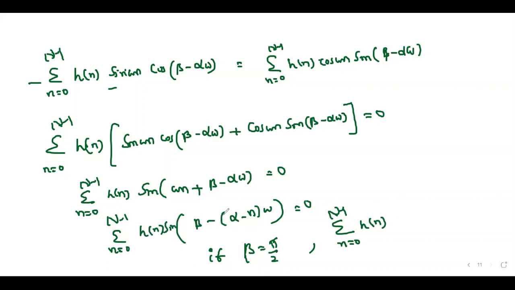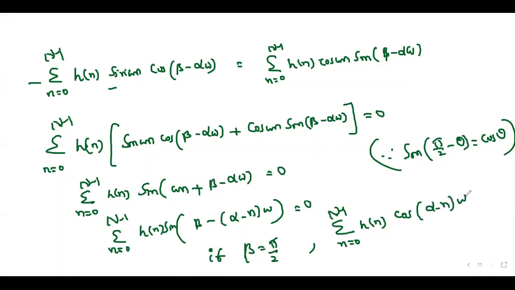Sine pi by 2 minus theta is cos theta. By this we can write this is equal to cos of alpha minus n into omega, okay, is equal to 0.